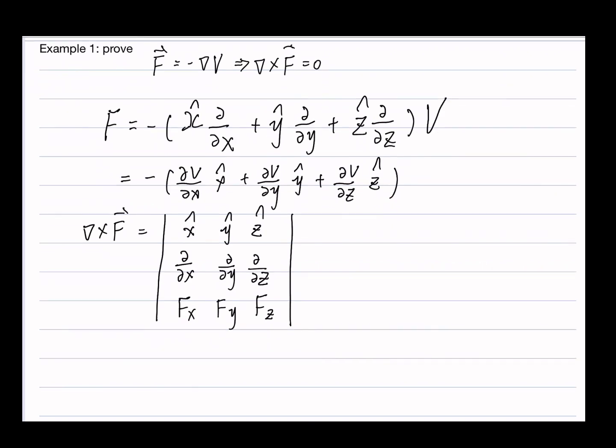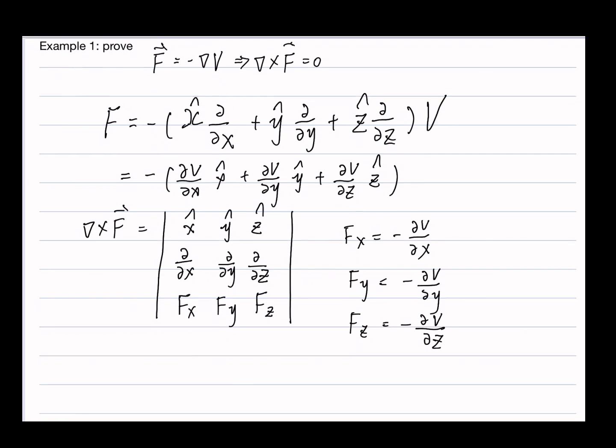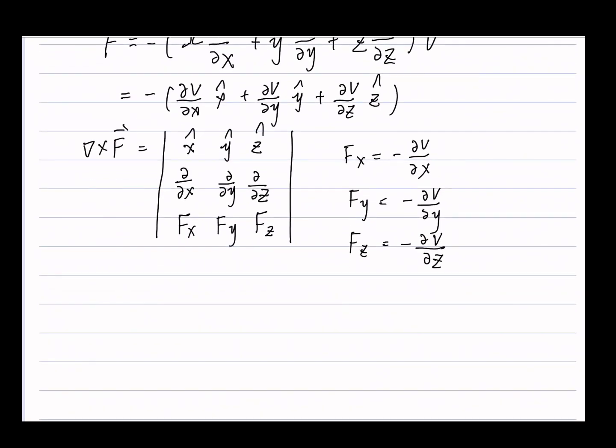Here Fx equals minus partial V partial x, Fy equals minus partial V partial y, Fz equals minus partial V partial z. And let's plug this in.